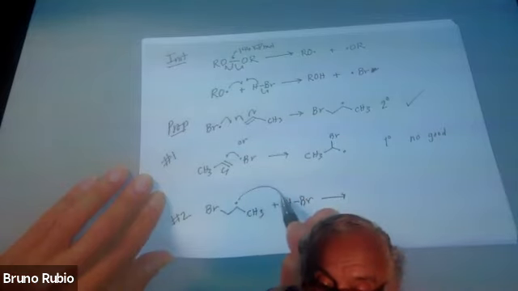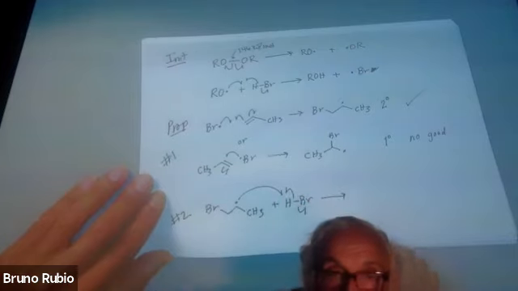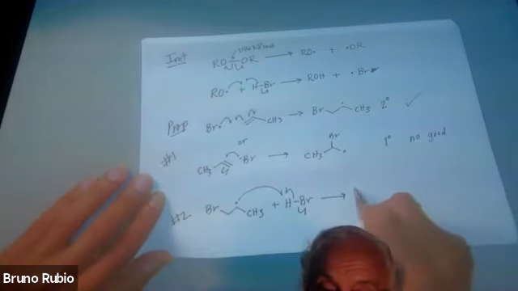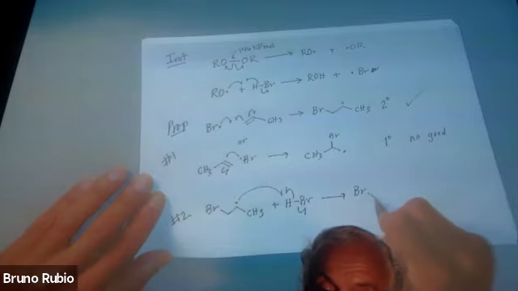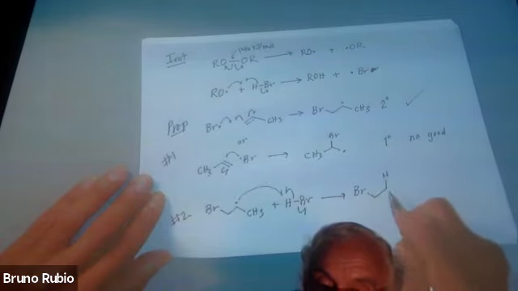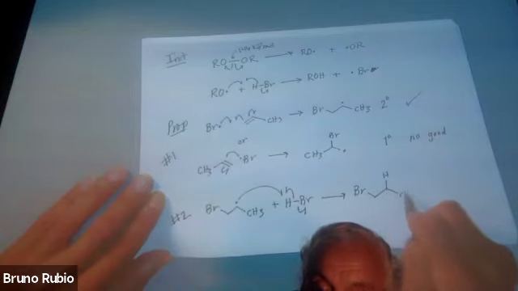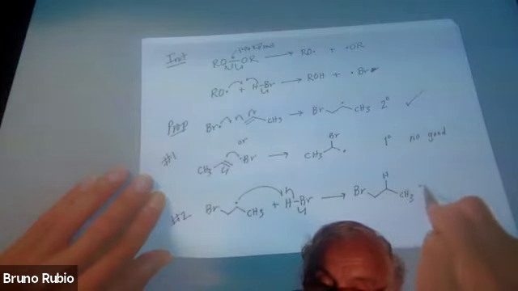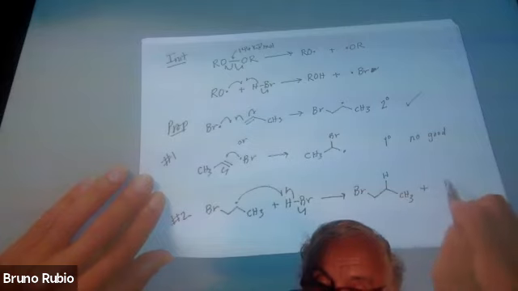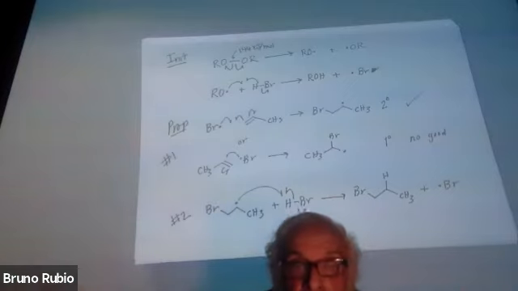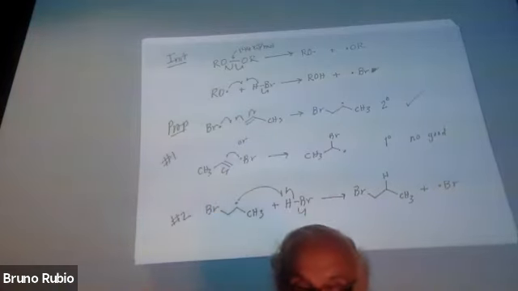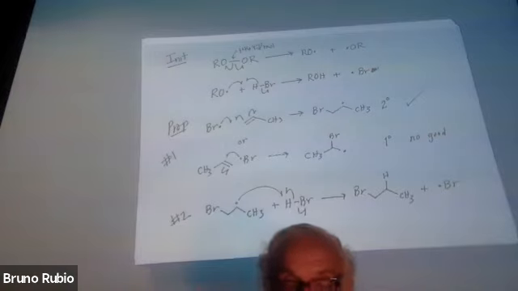This radical completes its octet by destroying this HBr bond. And we have bromine on the less substituted carbon of what used to be the alkene. We have hydrogen on the more substituted carbon. That's our final product. And we've created more chain-carrying, self-sustaining Br dot that's going to feed into the first propagation step.